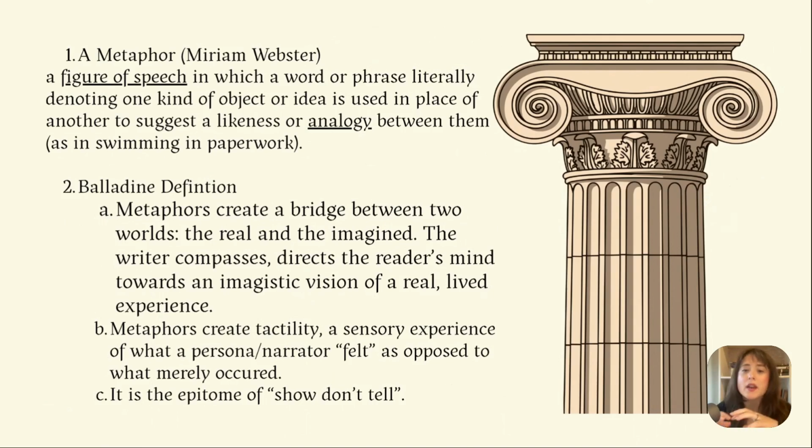Then maybe the way they're interacting with the world of the forest is very different to somebody that's happy and joyous. Maybe they just fell in love or had a really positive experience. So the idea is that the metaphor is going to bridge the real with the imagined or with the figurative, something that's not physically there, but something that's psychologically or emotionally present in that character's experiences.